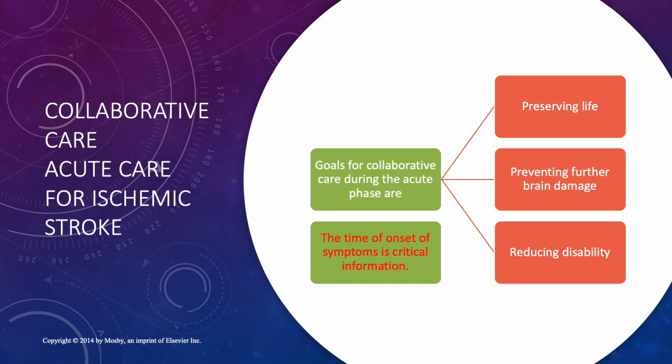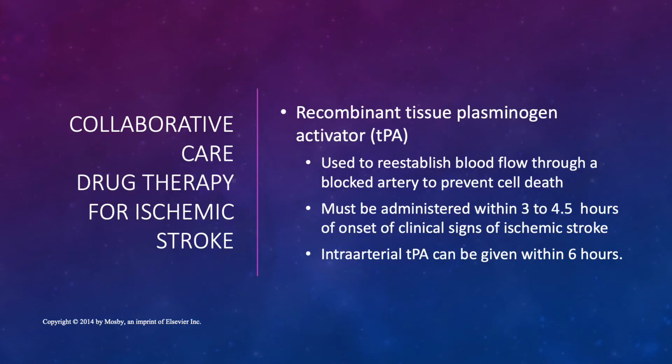Collaborative care, the goals for any collaborative care during any stroke are to preserve life, to prevent further brain damage, and to reduce disability as much as possible. This is why we need to know what time the stroke starts. So if you're assessing somebody, you want to know exactly the time when symptoms began, because if you get treatment in there within the first few hours, you can actually restore circulation to the brain sometimes.